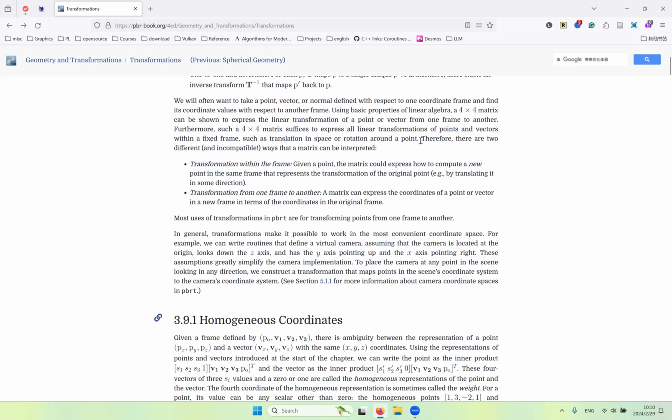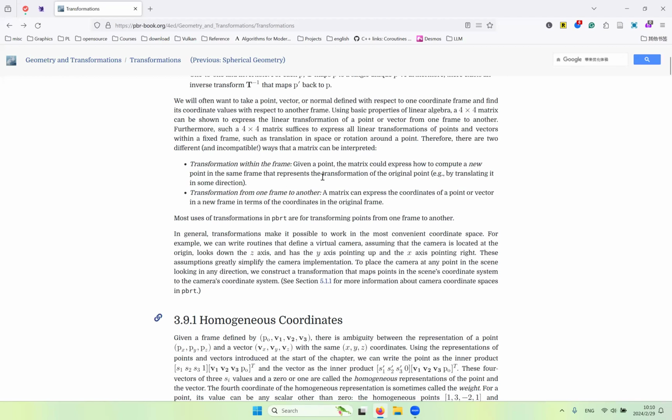So here are two different ways that a matrix can be interpreted. One is transformation within a frame: given a point, the matrix can represent a new point in the same frame, or transformation from one frame to another.